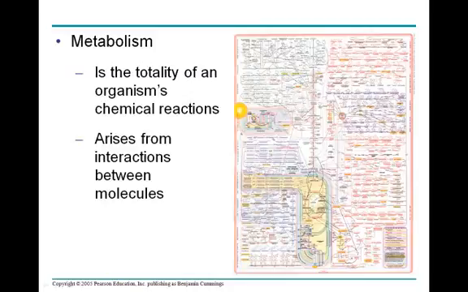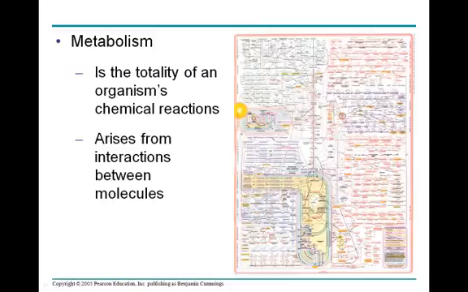As you can see from this very complicated map on the right, the cell is performing literally thousands of reactions every second. This was an attempt to map the metabolism of a cell. As a definition, metabolism is the totality of an organism's chemical reactions, and it ultimately arises from the interactions between molecules.